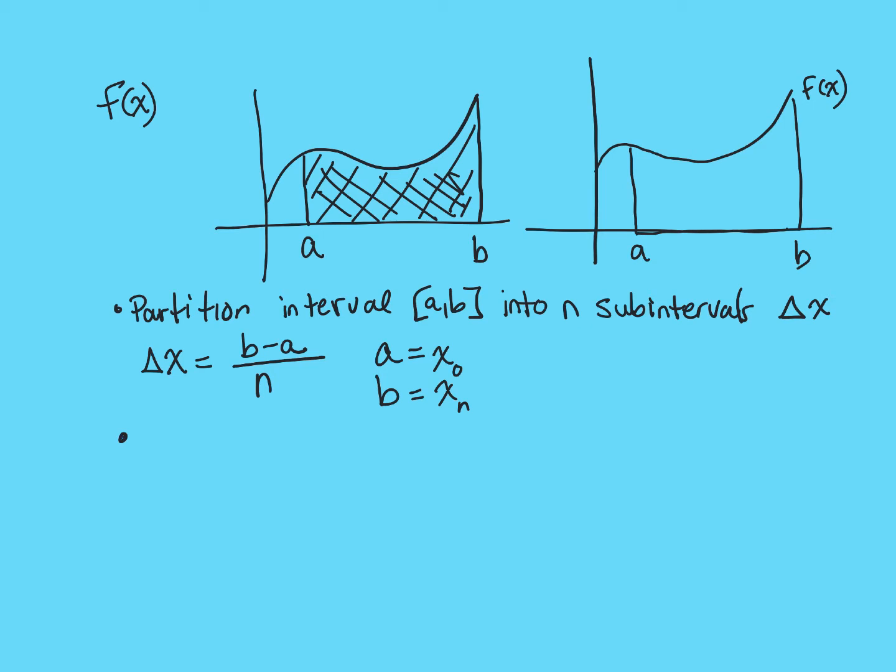The next thing we're going to do is find our grid points. Our grid points are each of the endpoints of the intervals. So we're going to have x sub 0, x sub 1, x sub 2, all the way up to x sub n.